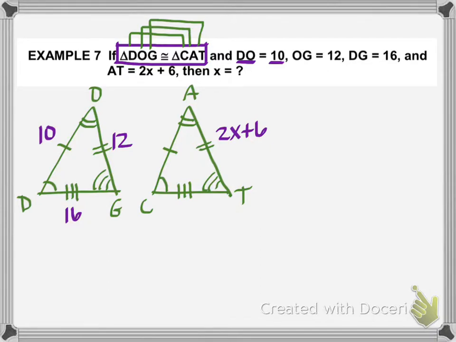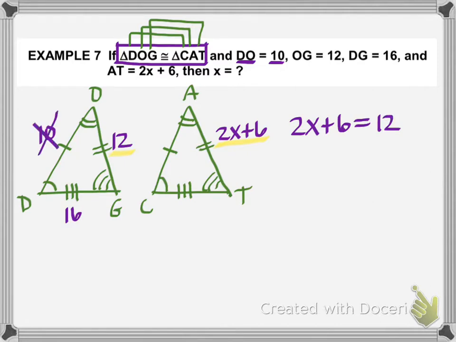I'm going to start with the expression that has my x in it, 2x plus 6. That corresponds to this 12, and those are congruent. Remember, when two things are congruent, they're equal in size, which means I can put an equal sign between them. So I can say 2x plus 6 equals 12, and then I can solve.